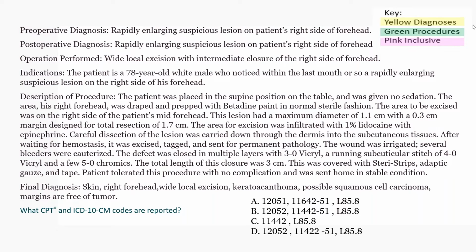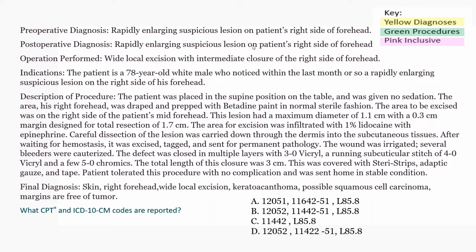Okay. Answer A, 12051, 11642, modifier 51, L85.8. Answer B, 12052, 11442, modifier 51, L85.8. Answer C, 11442, L85.8.